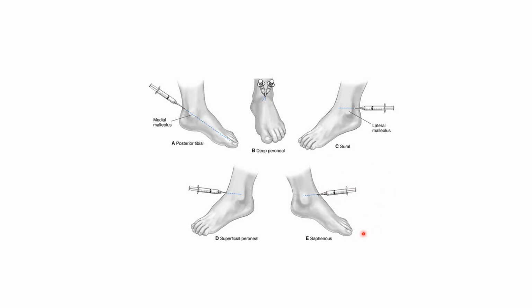Now the saphenous nerve, it's in the medial part. So we will start from the anterior aspect of the medial malleolus to the posterior aspect. Okay, so this is about the 5 nerves.